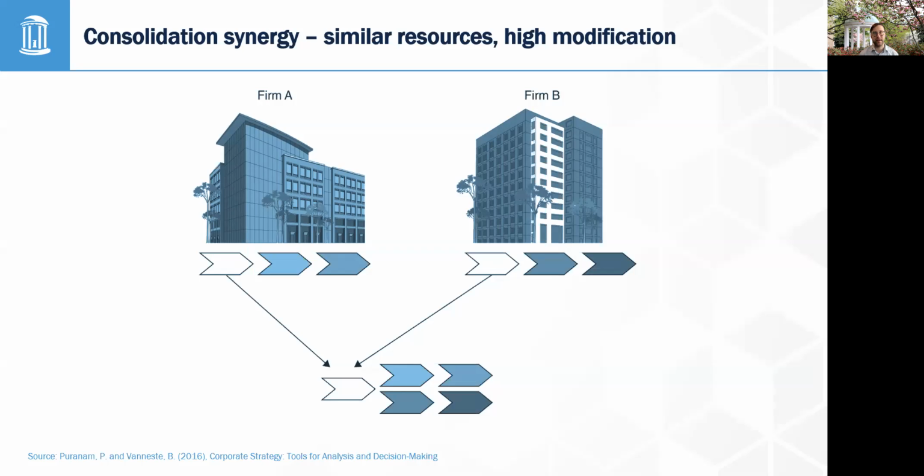This synergy is taking similar parts of the value chain and consolidating them into a single team or a single asset, as opposed to having larger separate teams or separate assets. This typically is done to increase the efficiency of capital allocation or to decrease costs.